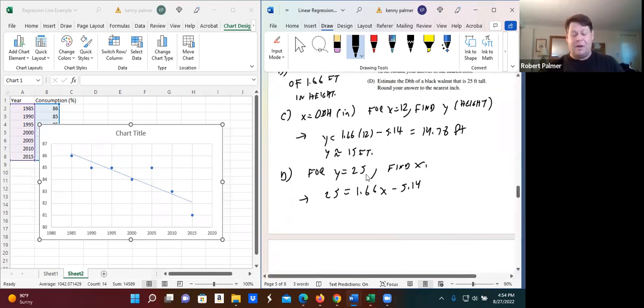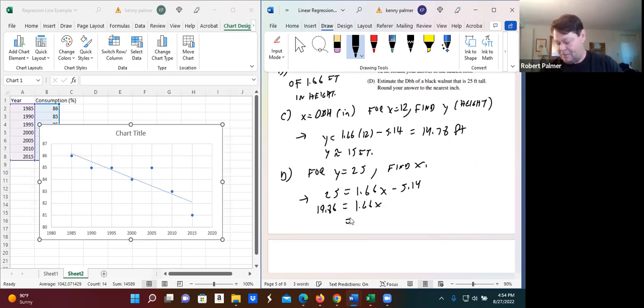So 25 minus 5.14, subtract that, is 19.86. And that's equal to 1.66x. And then if we just divide that, x is going to be equal to approximately, I'll do two decimal places, 11.96.